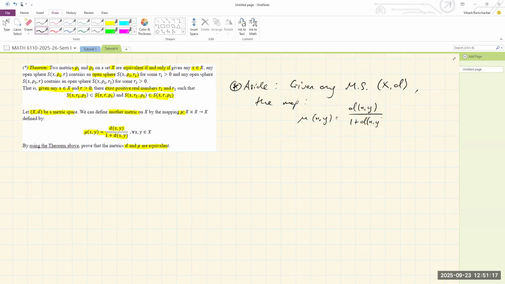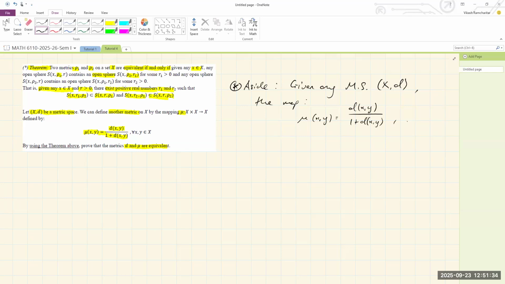It basically exploits the fact that D is a metric. So you have to check if mu is positive definite, if mu is symmetric, if mu satisfies the triangle inequality, all those things. And you could do that.